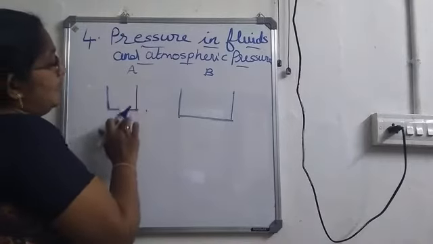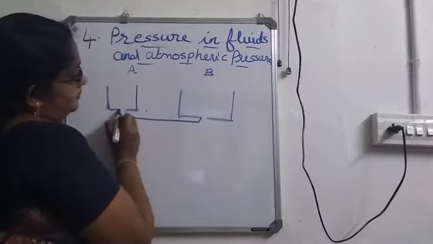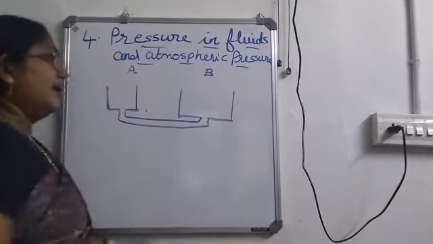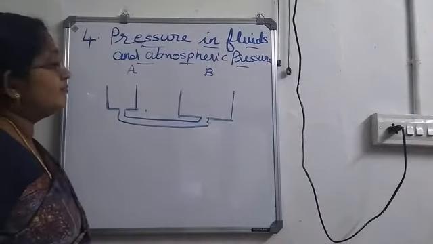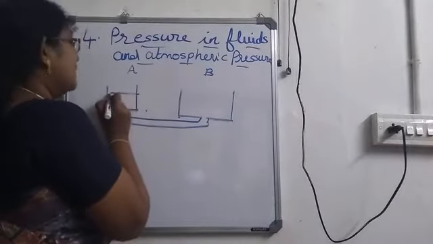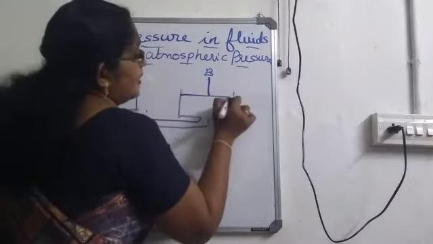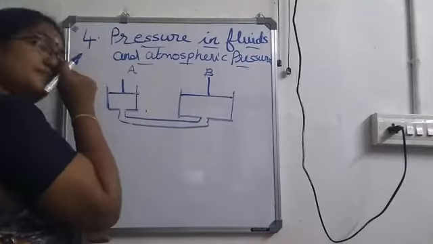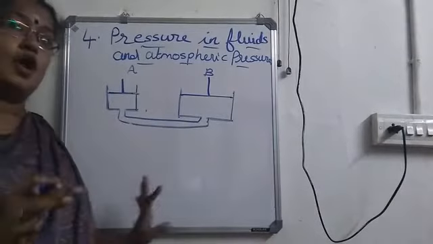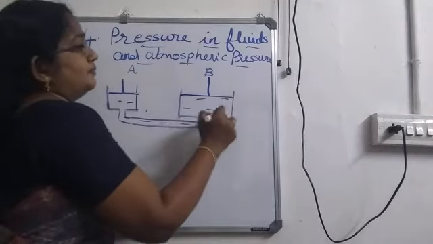Now, these two cylinders are connected using a pipe, so that both cylinders are connected, and then we keep a piston on each. We have the pistons P1 and P2 at the top, and it is filled with water.